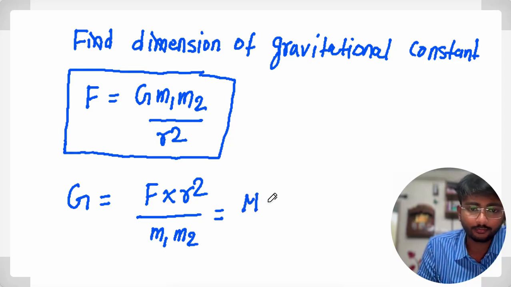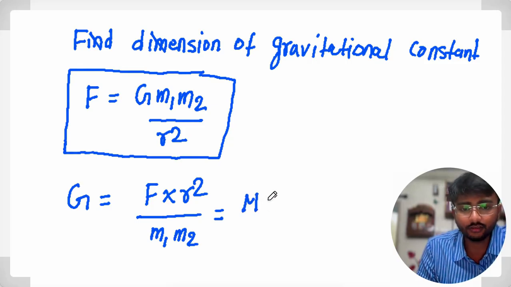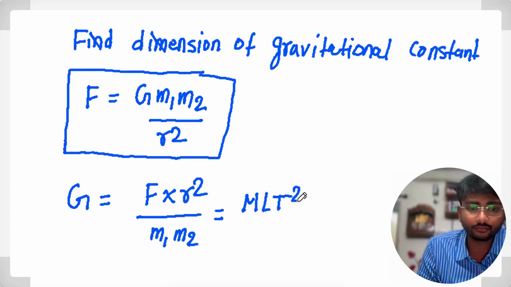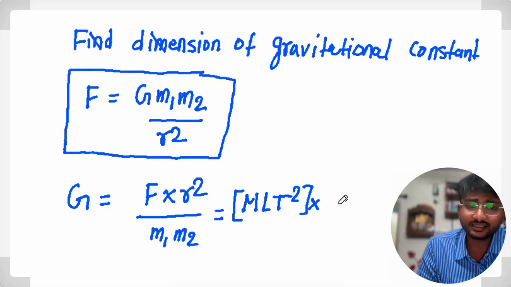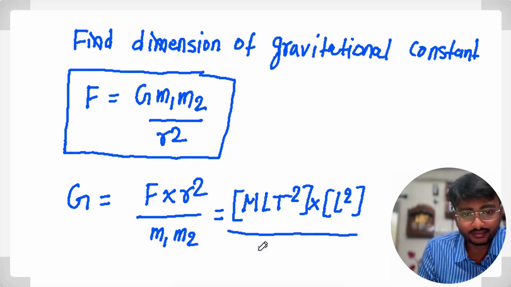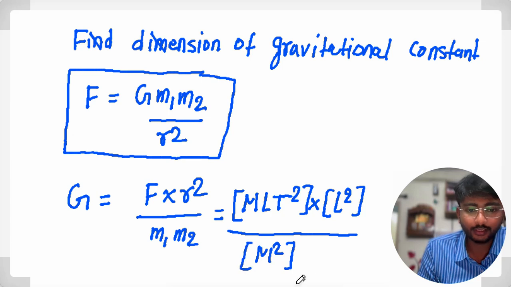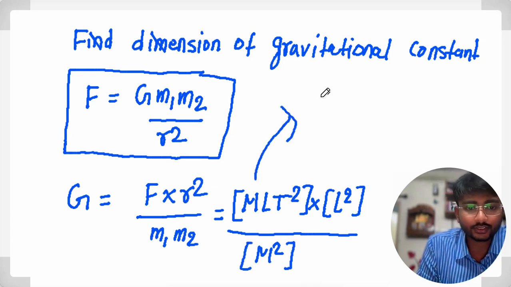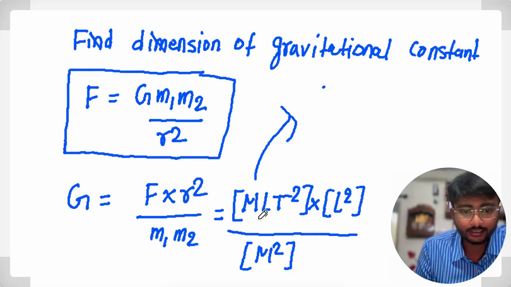M A. Force equals mass into acceleration, that means M L T to the power minus 2, right? Then we have r square, that means length square, that is why it will be L square, upon m1 into m2, that is mass, that means M square.